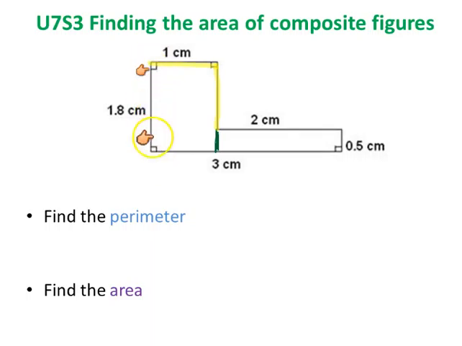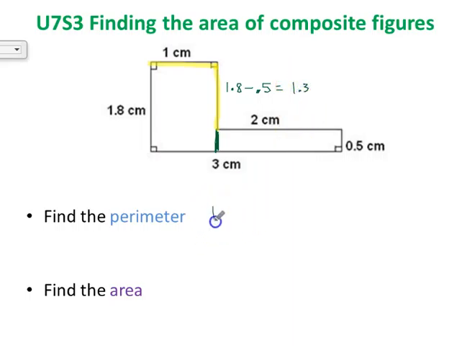So we know from here to here is 1.8, and then from here to here is 0.5. So if we take 1.8 minus 0.5, that's going to give us this length. 1.8 minus 0.5 gives you 1.3. You're just subtracting that 8 from the 5.